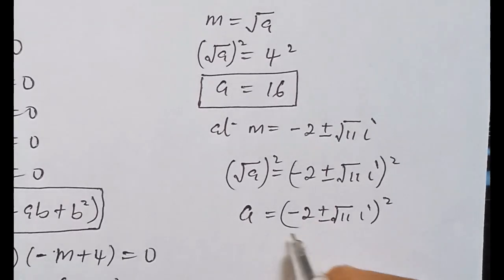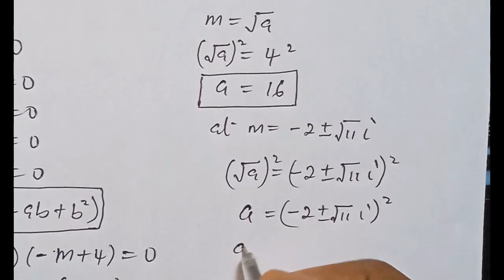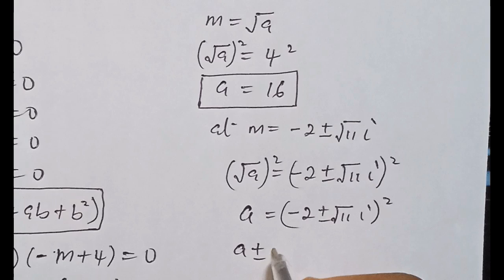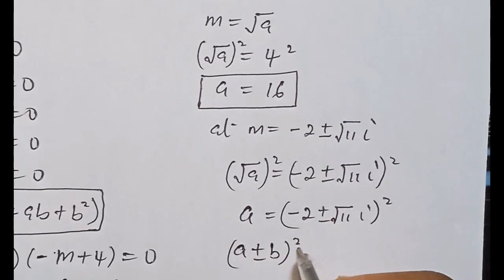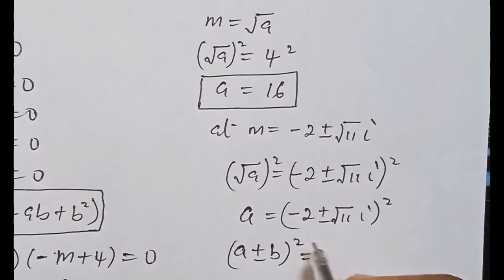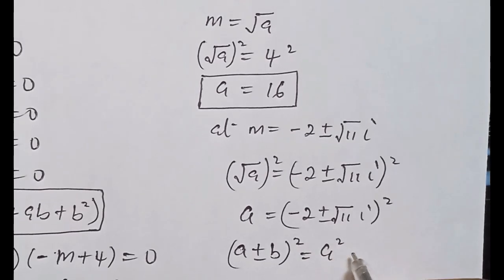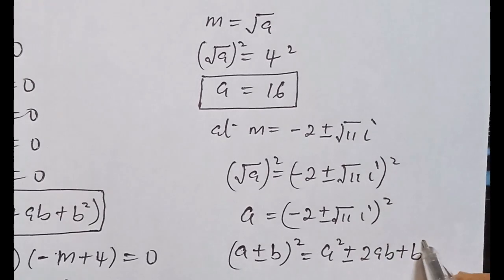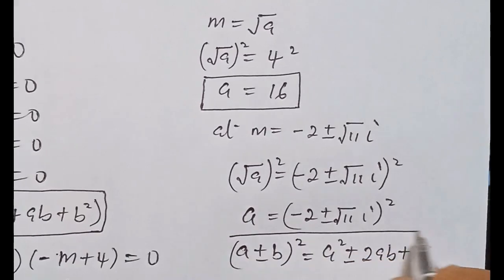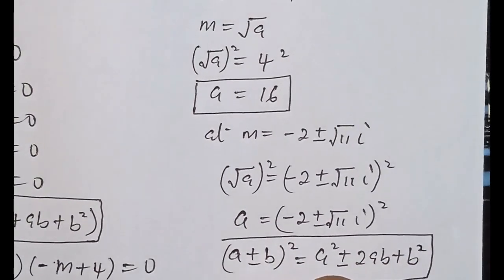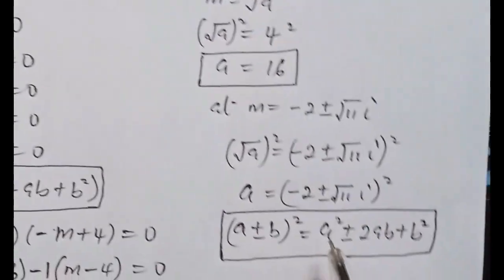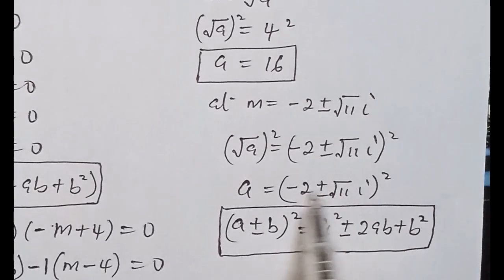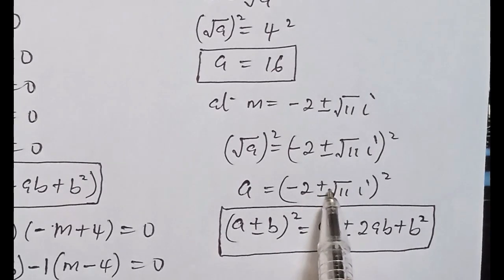This can be considered using the identity (a ± b) squared, which we can expand as a squared ± 2ab + b squared. So we use this identity to simplify the right hand side.